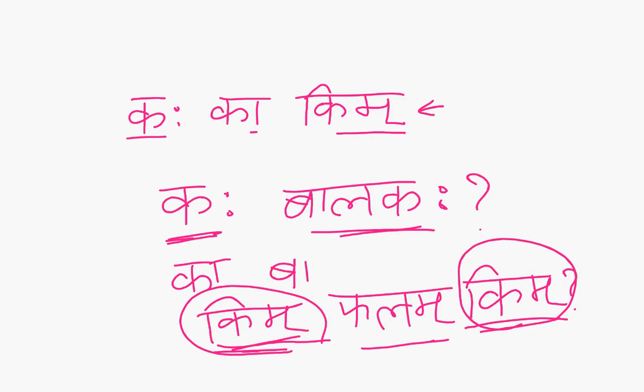It's a pronoun. These are pronouns. Kaha, ka, kim, these are pronouns. Tat, etat, saha, they are also all pronouns. Eshaha, saha, esha, sa, tat, etat, those are also pronouns. Okay?